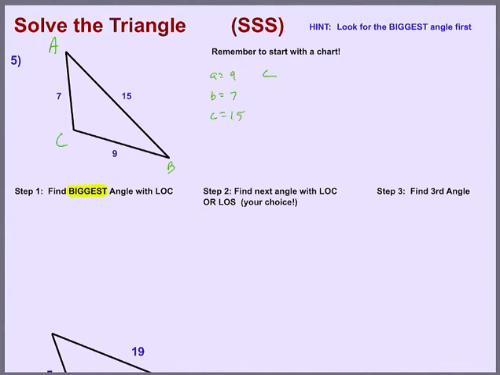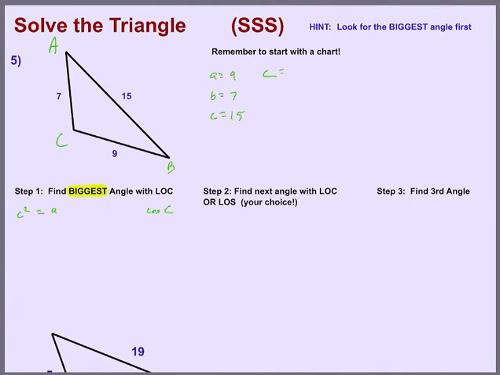So let's use the law of cosines. We are looking for angle C, which means I'm going to need to use the setup for the law of cosines that includes the angle C. Well, that's the one that has the C squared by itself. Remember the angle that's in the cosine at the end and the side that's by itself, they match up.